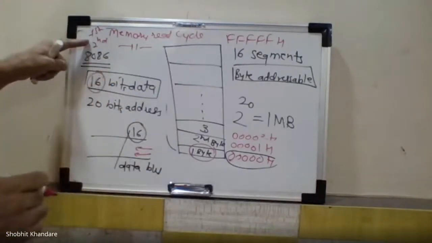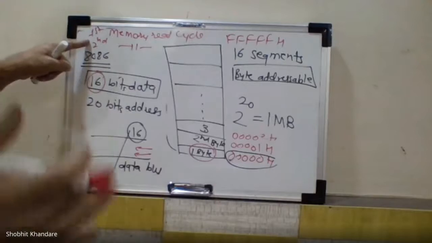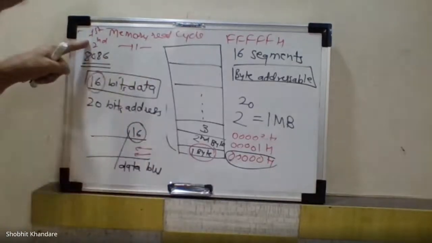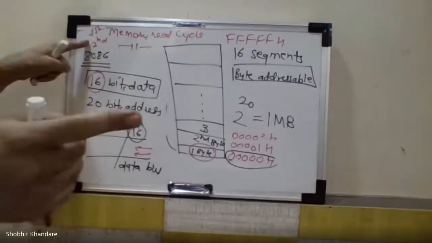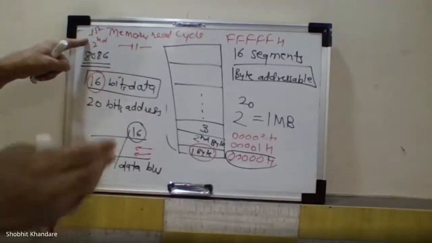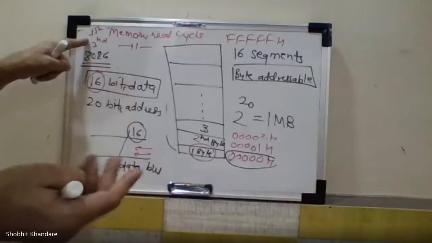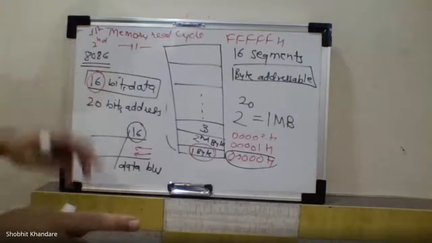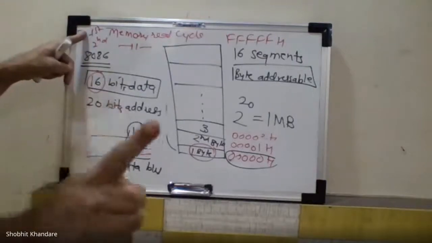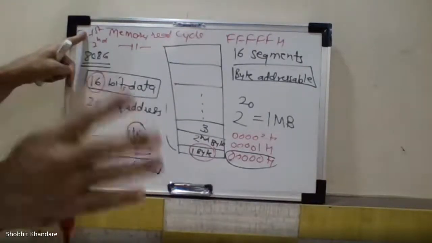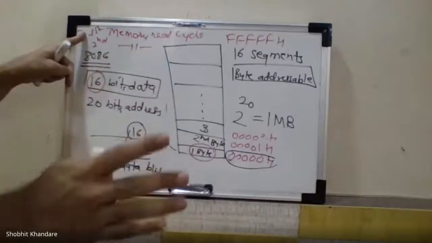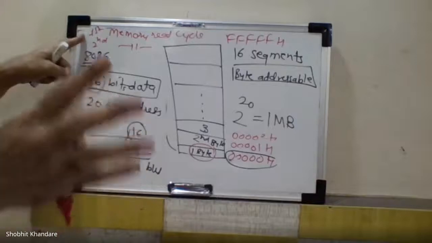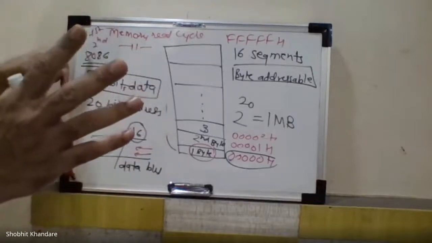So I am taking more time to read 16 bits of data. 8 bits of data is done with only 1 memory cycle, but the problem arises when I access 16 bits of data.